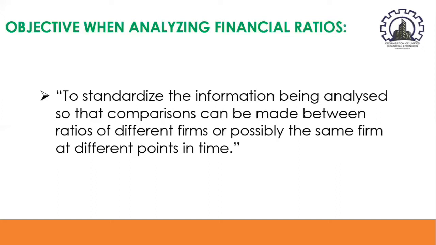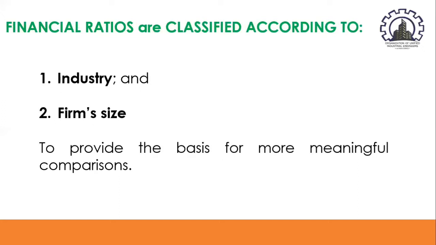Robert Morris Associates, the Association of Bank Loan and Credit Officers, publishes a set of 16 key ratios for more than 350 lines of business.